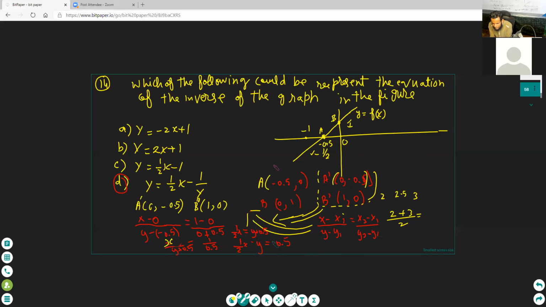Correct, good, but make the form with y on one side only. You should make the correct form. It is also correct, but according to the question we will make that form.